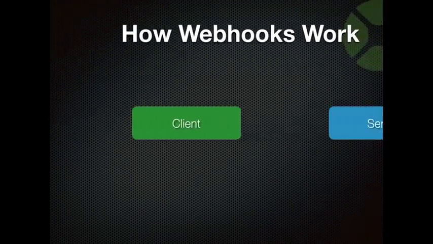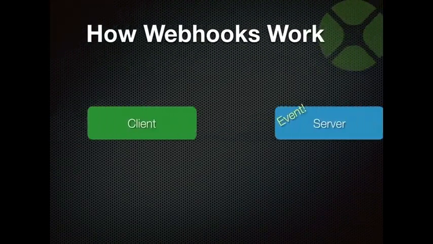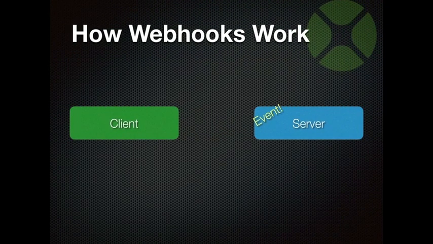So let's talk about how they work. So let's suppose that we have, I'll call it a client and a server, and something happens on the server, some event. For example, when I show you one of the demos, I'm going to show you Eddie's Electronics, which everybody here is familiar with, the Eddie's sample app. We all kind of grew up learning on it, I think.